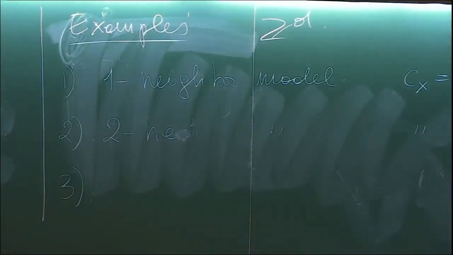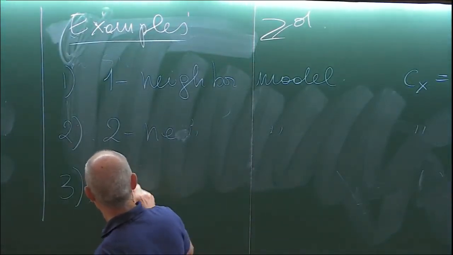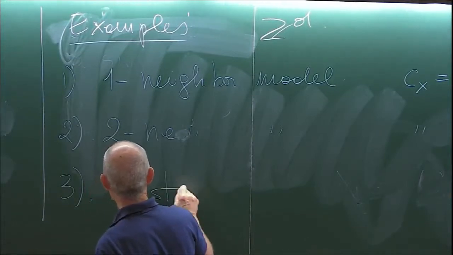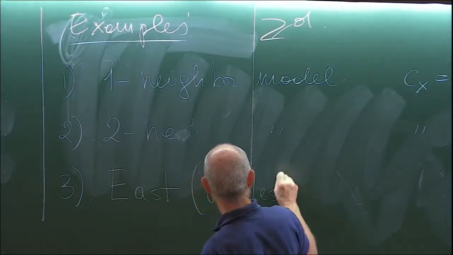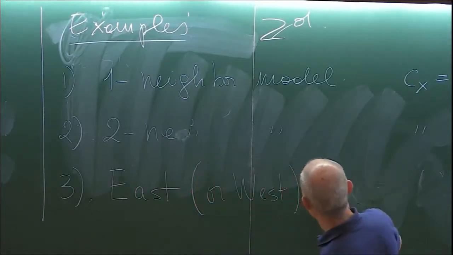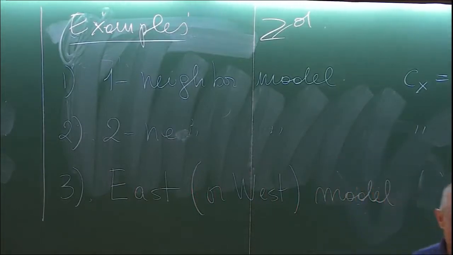Okay. So the third example is the East or West model. Originally it was written as East, and I'll explain why East-West, but I prefer here to adopt the convention West.